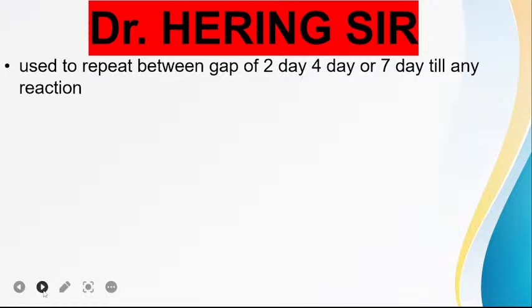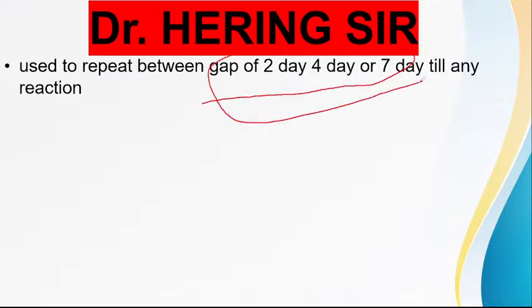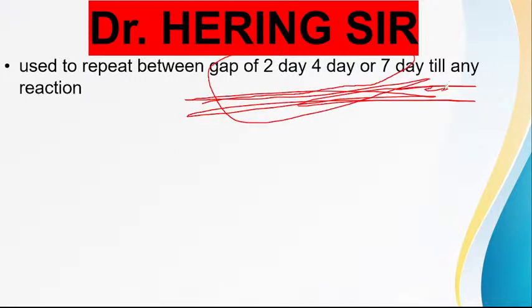Now on the repetition of Dr. Herring sir. Dr. Herring sir used to repeat the medicine at a gap of either 2 days, 4 days or 7 days until any reaction.